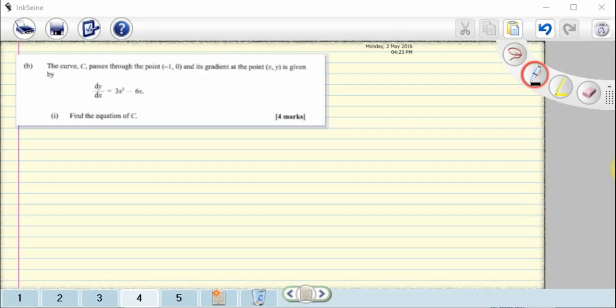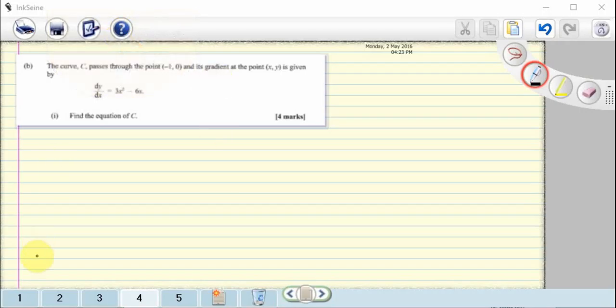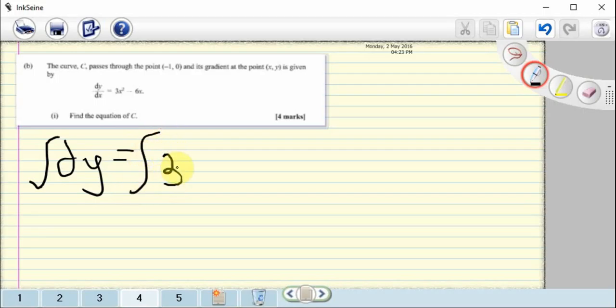That is going to give us dy is equal to 3x squared minus 6x dx.